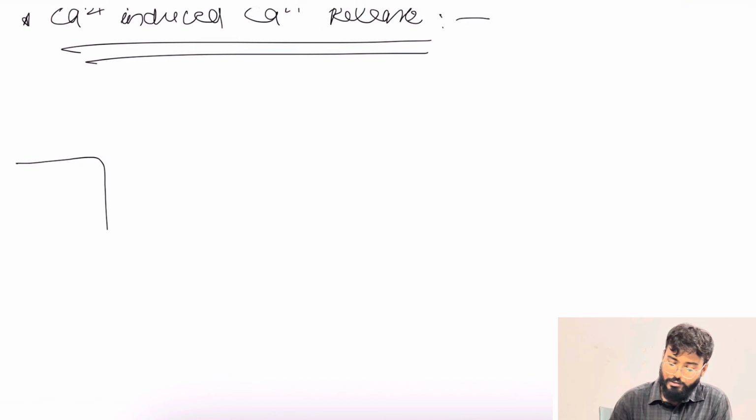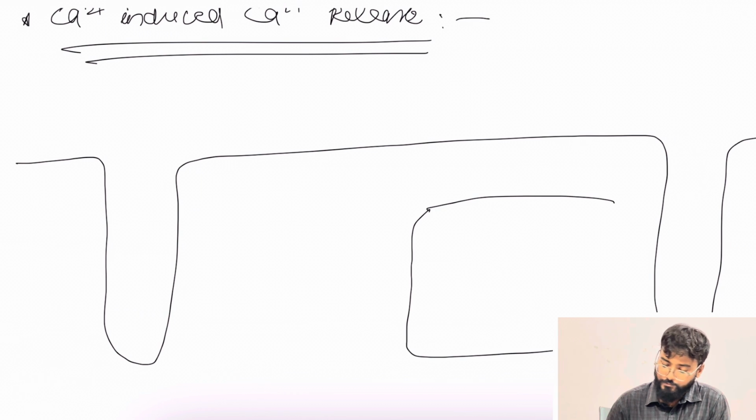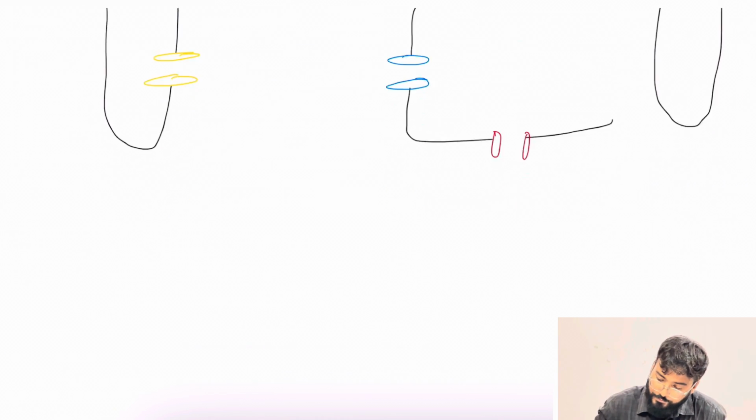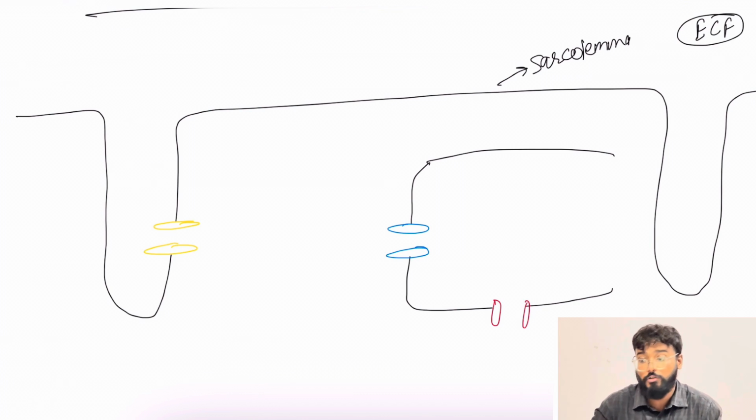So this is your sarcolemma. This is your extracellular fluid or extracellular compartment.